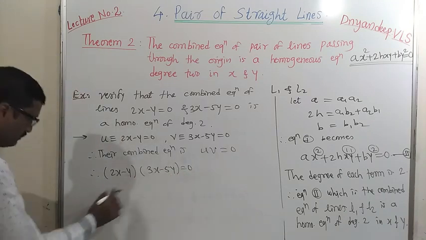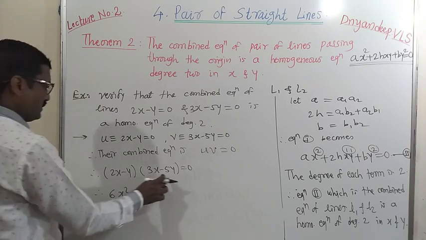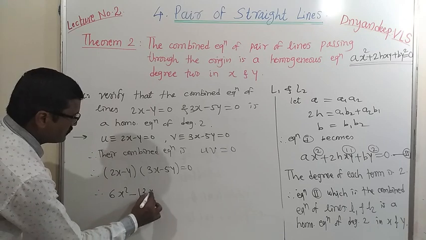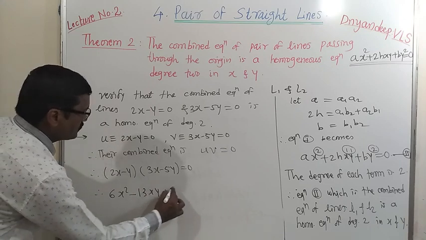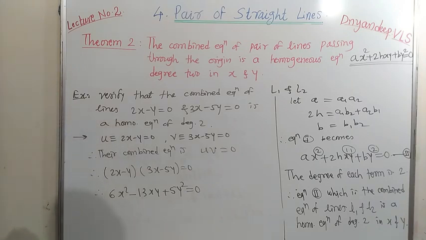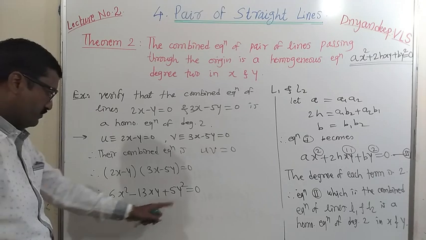Take the product, it will be 6x square, minus 10 minus 3, that is minus 13xy, and plus 5y square equal to 0. This is the product of these two brackets. So 6x square minus 13xy plus 5y square.